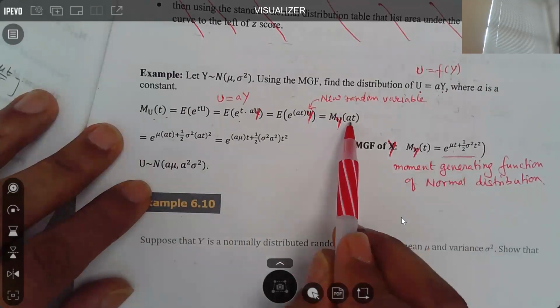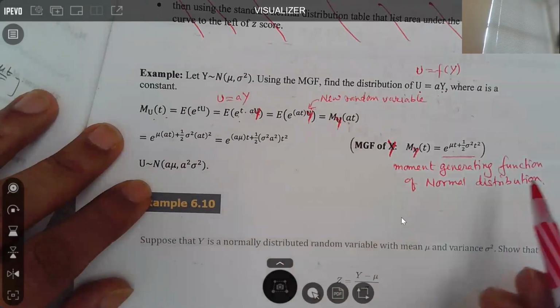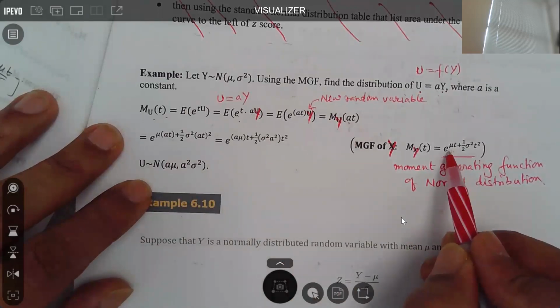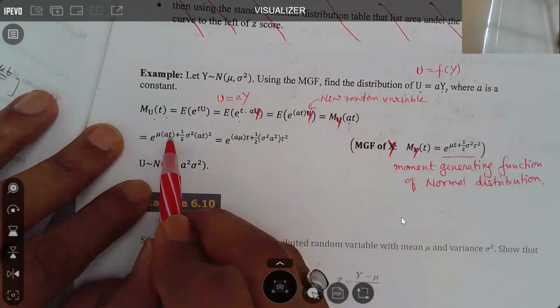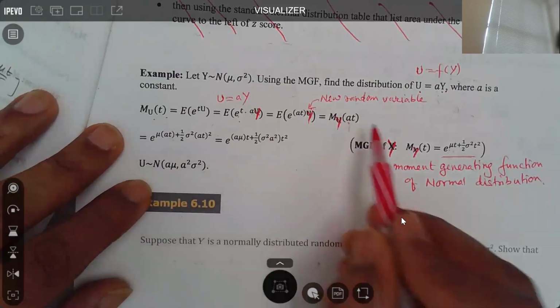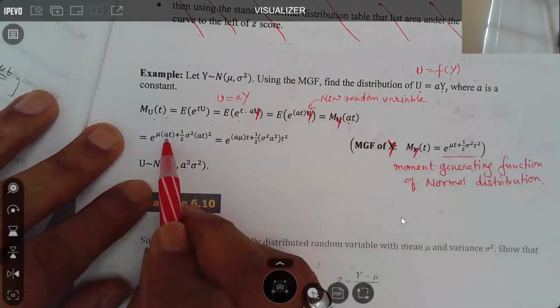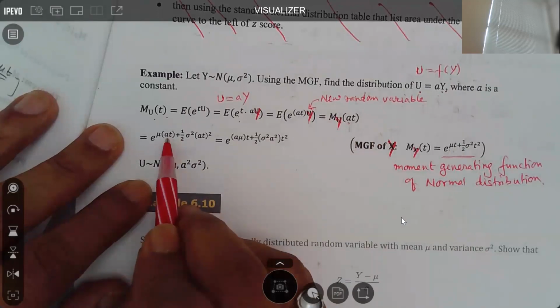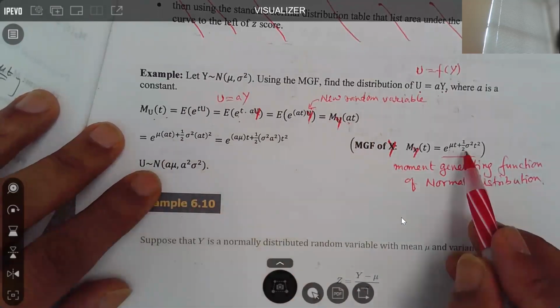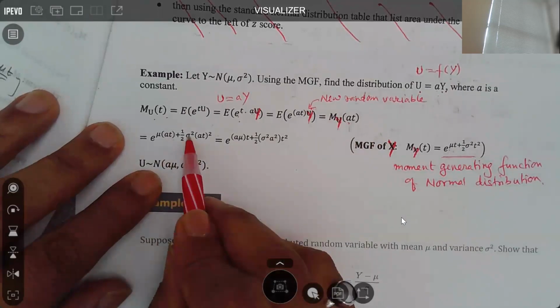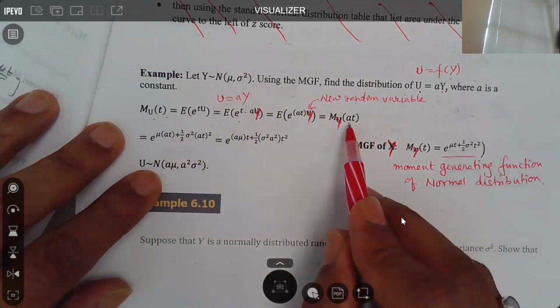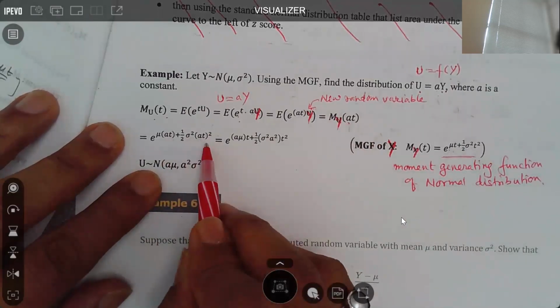In place of t, you have to replace by a t now. So this is e^(mu a t) plus one half sigma squared, with t replaced by a t, so (a t) squared.